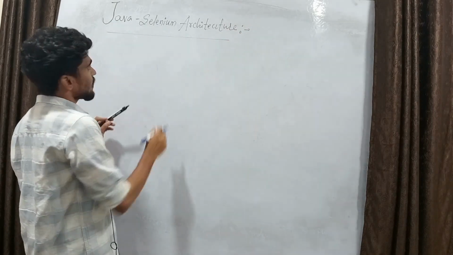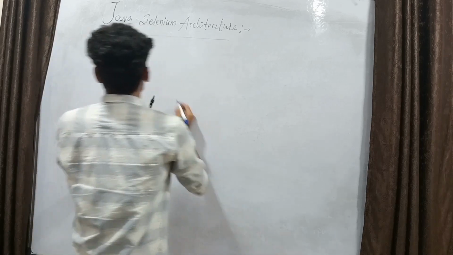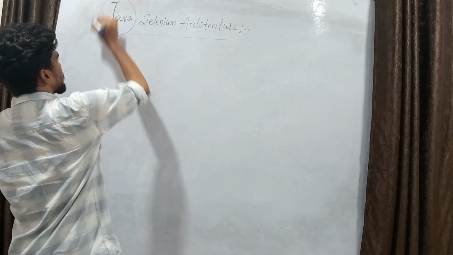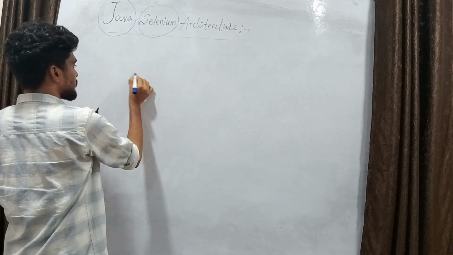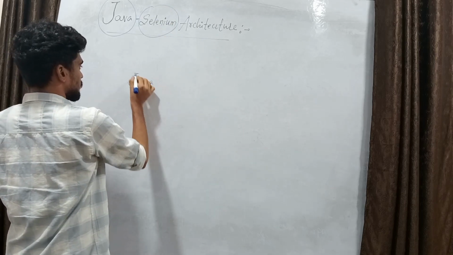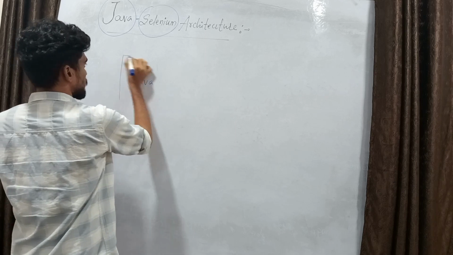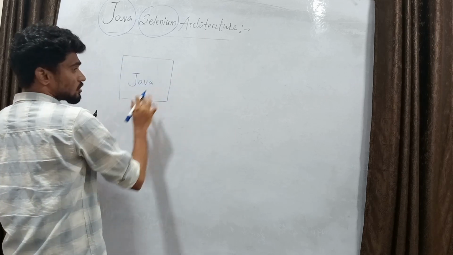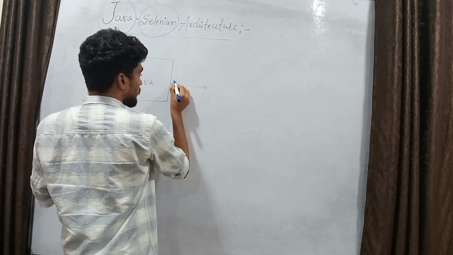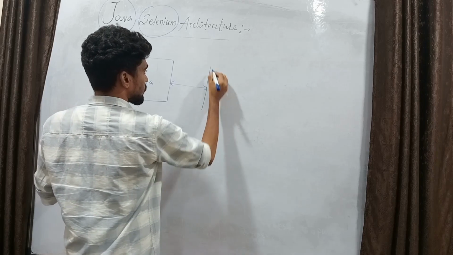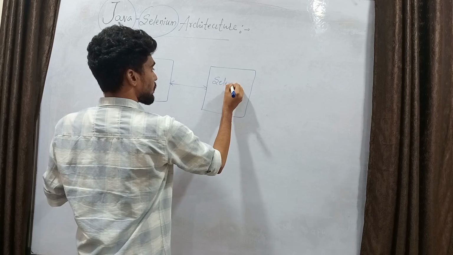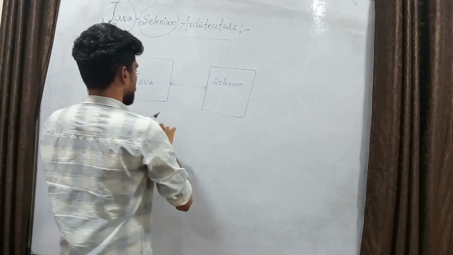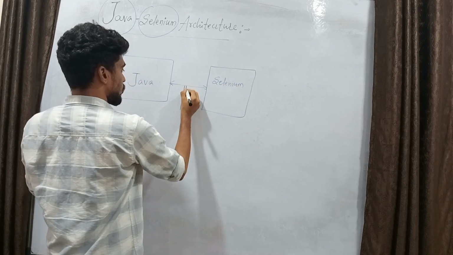Boss, as I told you, Java Selenium Architecture contains one programming language, that is Java, and one tool called Selenium. So first of all, I'll write Java here. Boss, this Java can communicate with the Selenium by using JSON wire protocols.